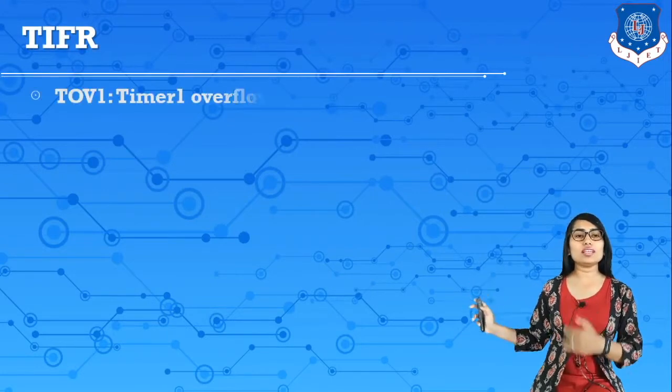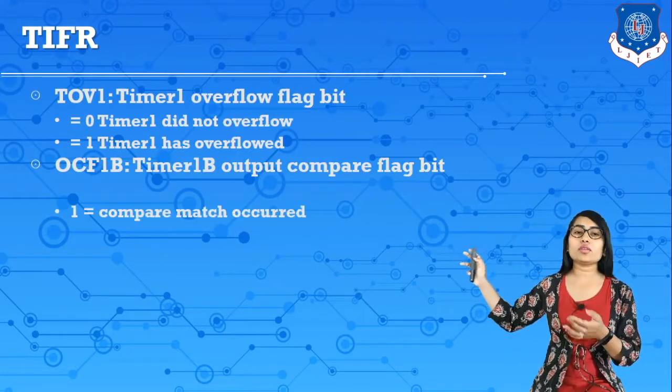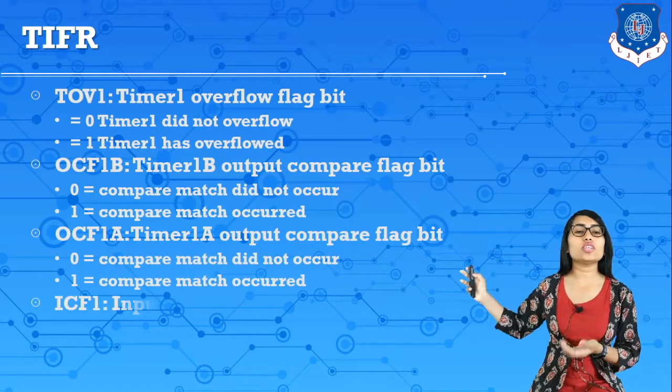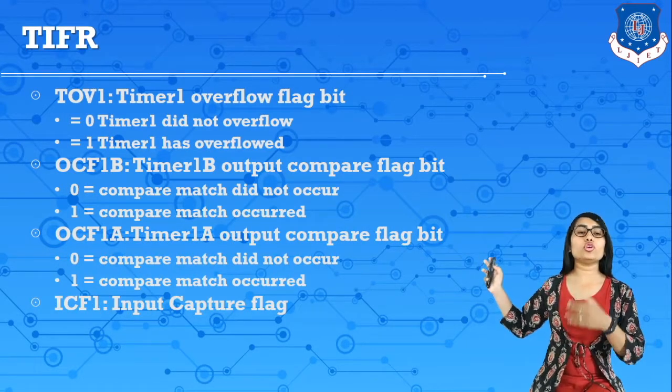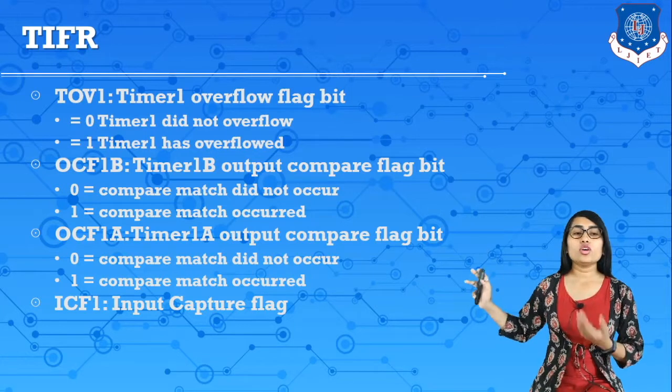Then for timer 1 we have the other bits. TOV1, the timer 1 overflow flag: 0 means timer 1 did not overflow, 1 means overflow.